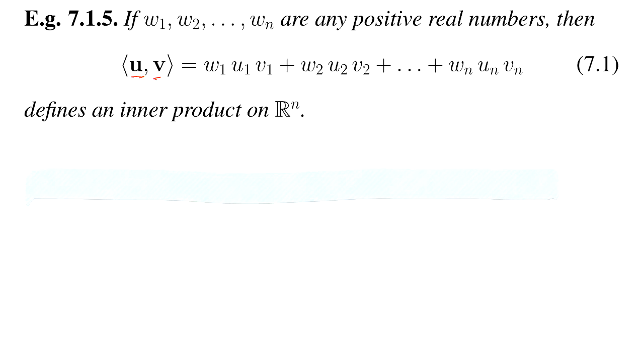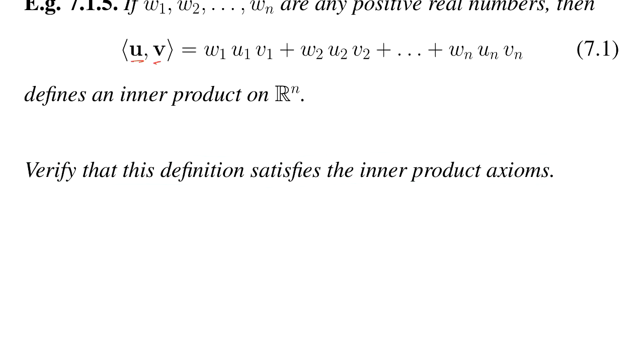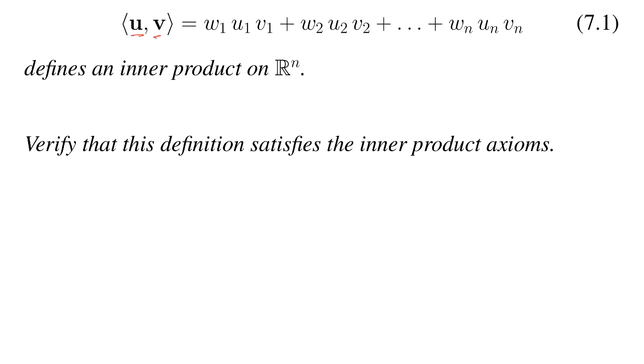All right, so let's show that this thing with these weights is actually an inner product. So what do we have to do? We've got to show that it satisfies our 3 axioms of an inner product. Let's say we've got u and v and x, and they're all in Rn, and we've got some scalar k.